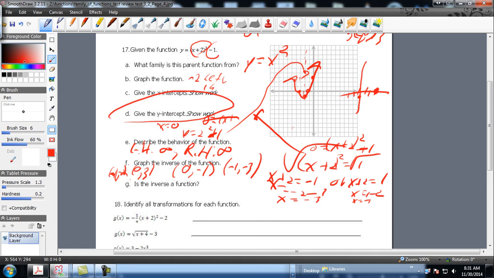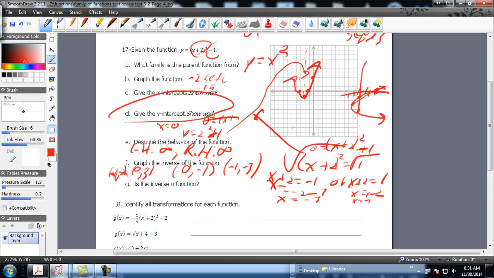This guy here was minus 2, minus 1. So now it becomes minus 1, minus 2. And look what happens. It simply turns on its side.